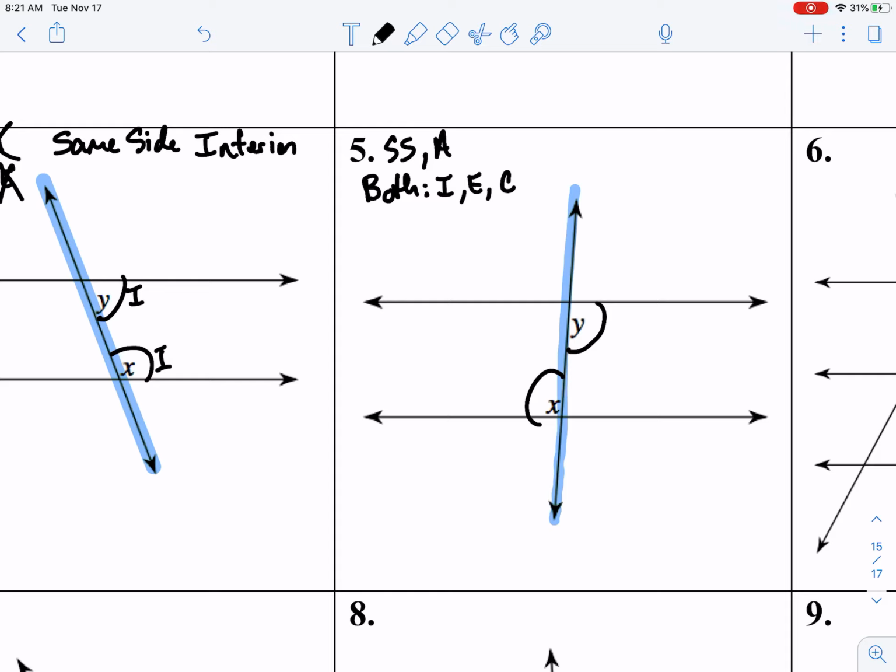Y is on the right, X is on the left, so these are alternate. Y is inside, X is inside, so these would be called alternate interior.